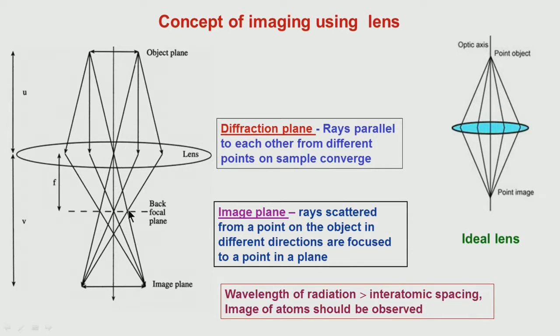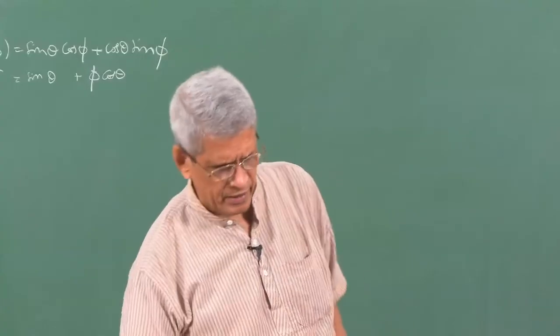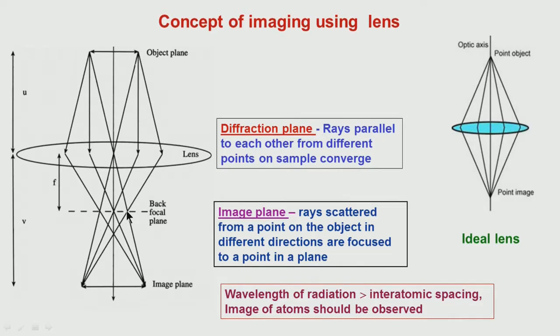It is focused at this point. The direct transmitted ray, which has not undergone any diffraction, is focused at this point. The rays scattered in this direction are focused at this point. So the backfocal plane is the one in which rays which are parallel to each other and close to the optic axis are brought back to a focus.